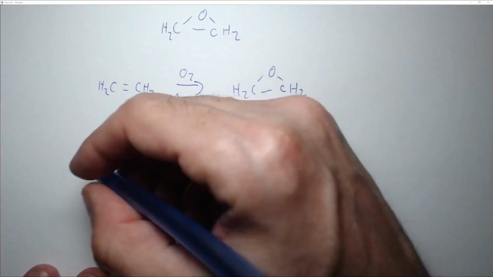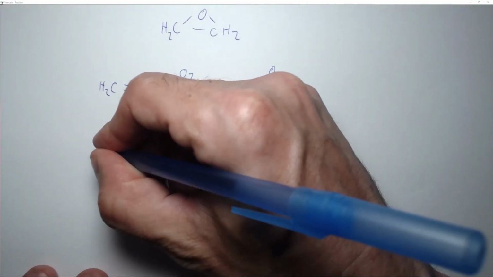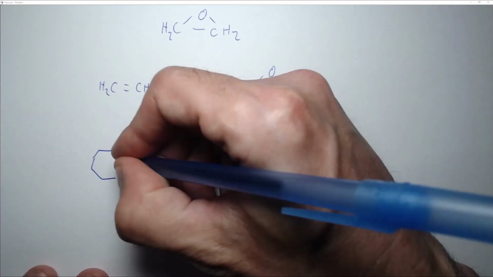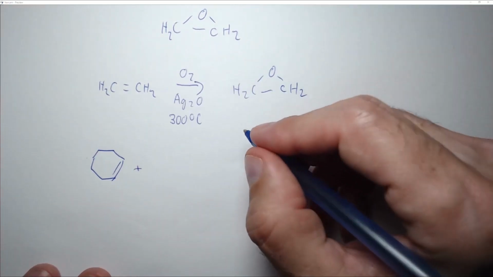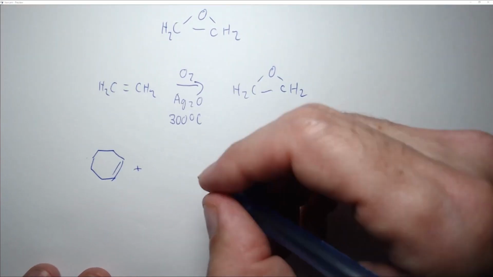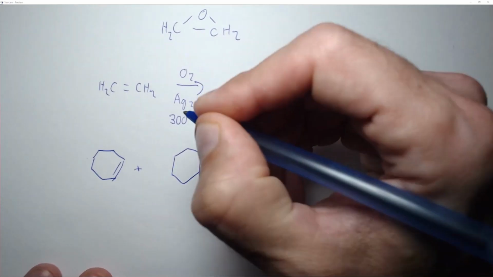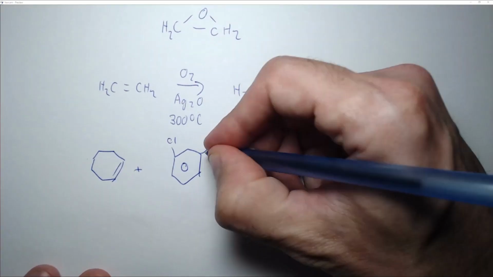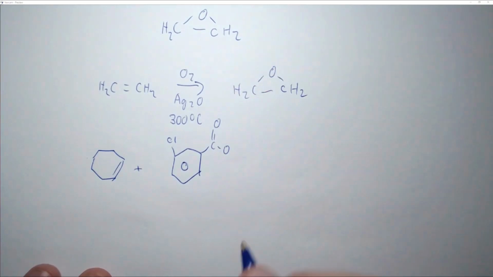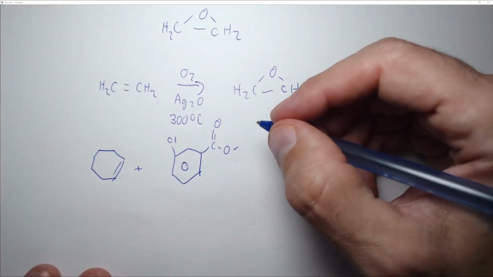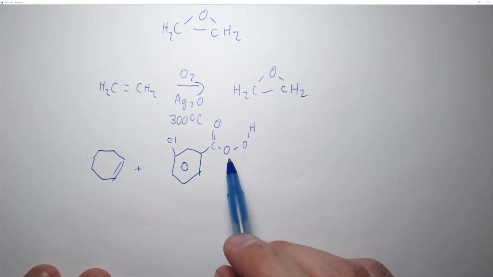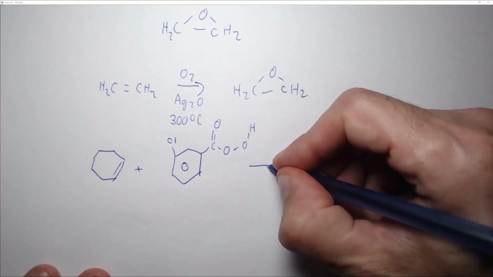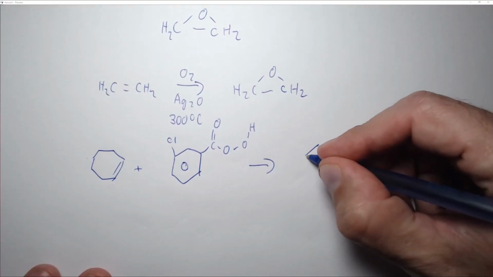There are some other ways to prepare epoxides, and one of them is to use a peroxide. So I'm going to painfully try to draw a 7-membered ring here. All right, so we have a 7-membered ring with a double bond. If we add m-chloroperoxybenzoic acid, so m-chloro, put the Cl here, C double bond O, bond O. If I were to put an H there, this would be m-chlorobenzoic acid, but in this case, it's a peroxy, so we have this oxygen-oxygen bond, which is relatively unstable, and able to make an epoxide out of this 7-membered ring.